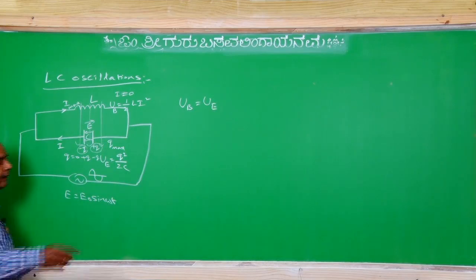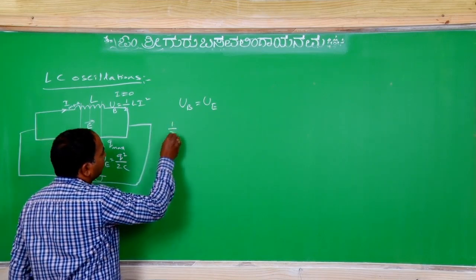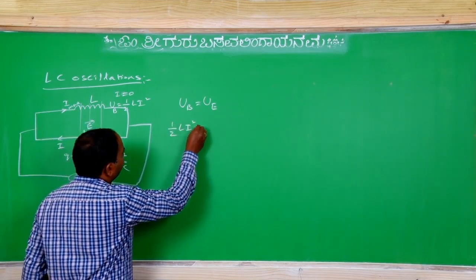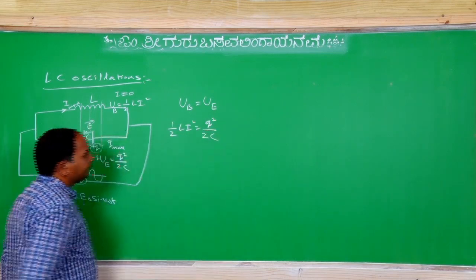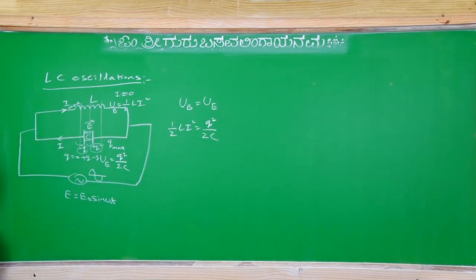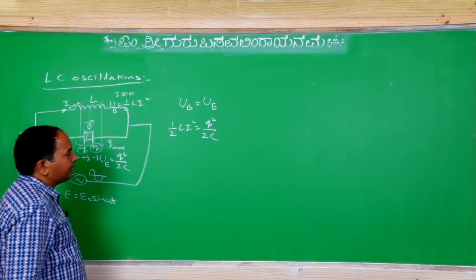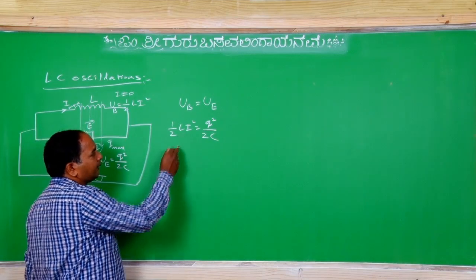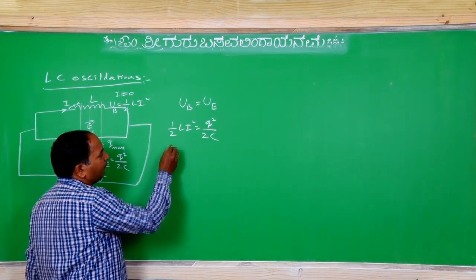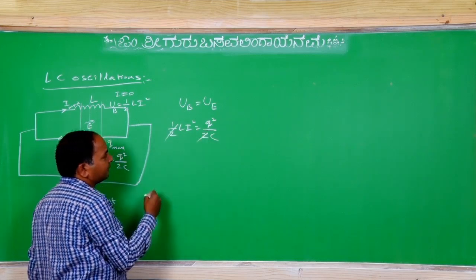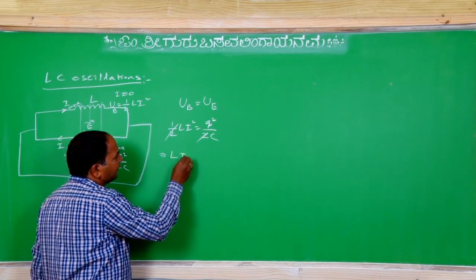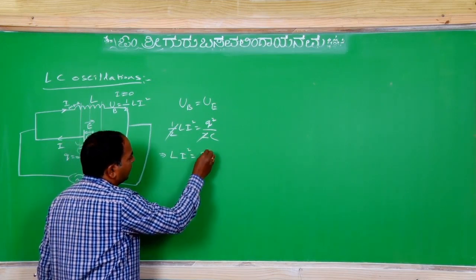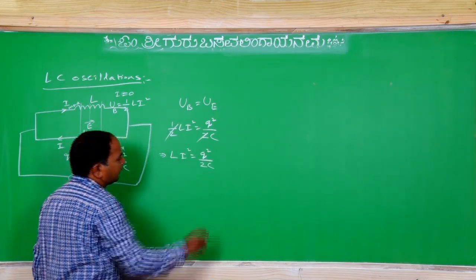That means half L I square should be equal to Q square by 2C. The 1 by 2 cancels. So from this we can write L I square is equal to Q square divided by 2C.